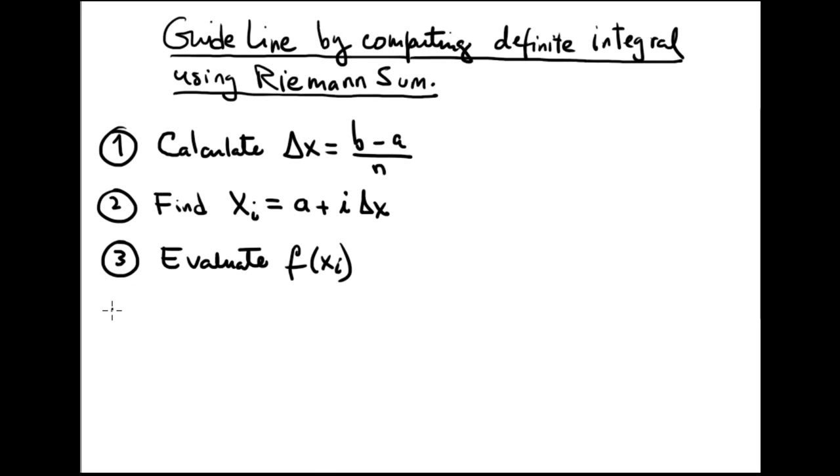The fourth is evaluate the multiplication f of x sub i times delta x.